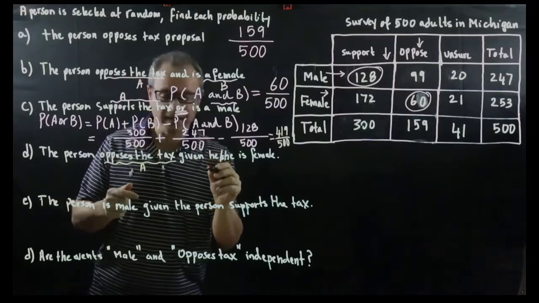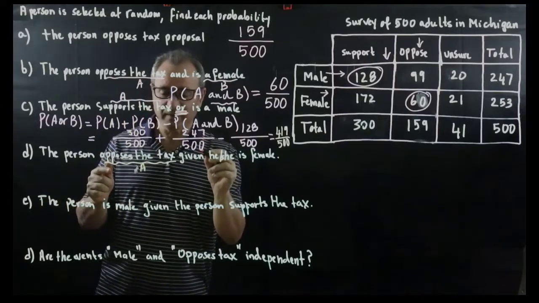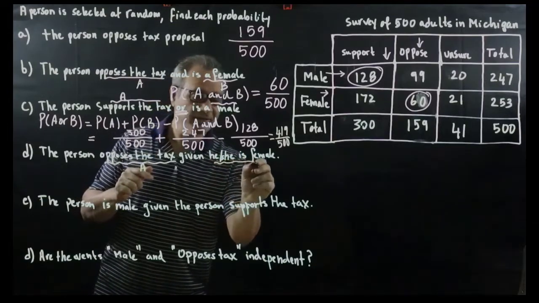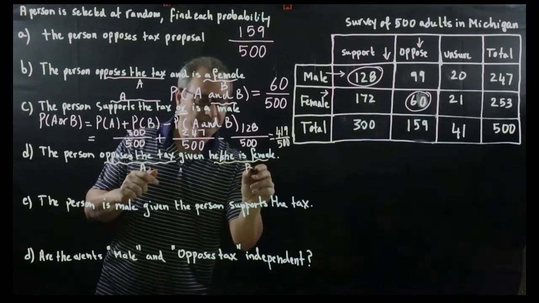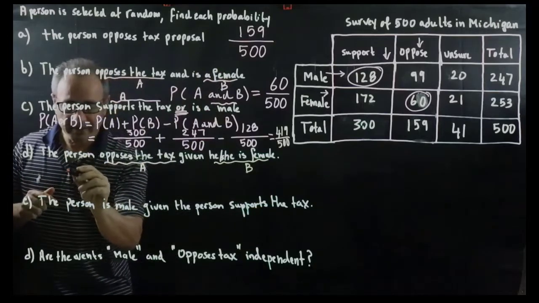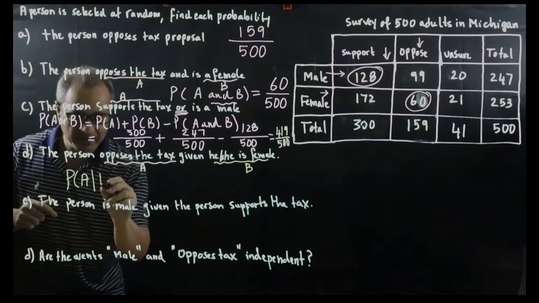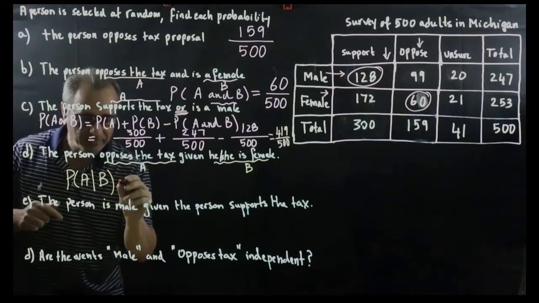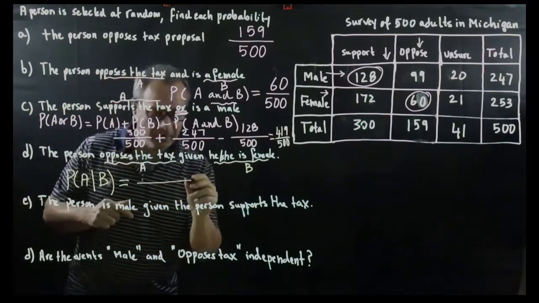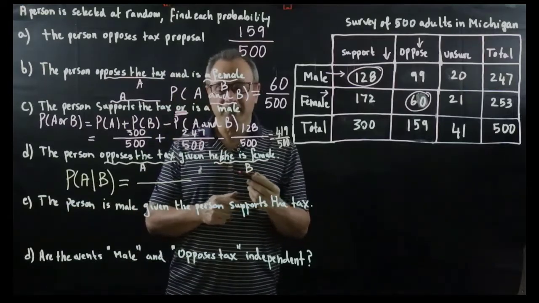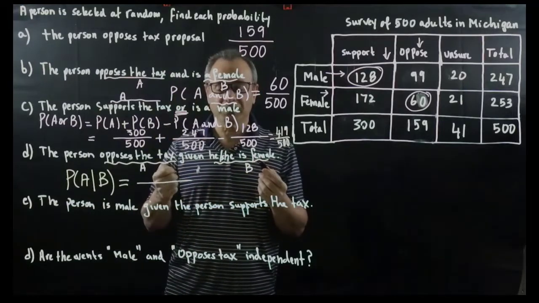He's telling us that I want the probability of selecting a person who opposes the tax given that the person is a female, so that's a given here, that's B. We write it like this, probability of A given B with a vertical line equals. Okay, now your denominator is not going to be 500. Why? Because he is conditioning us.